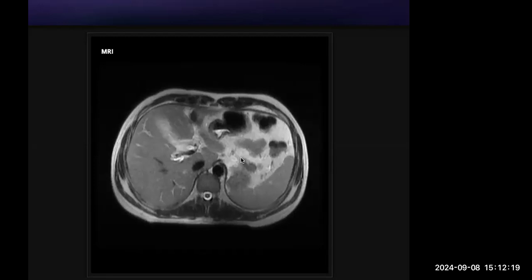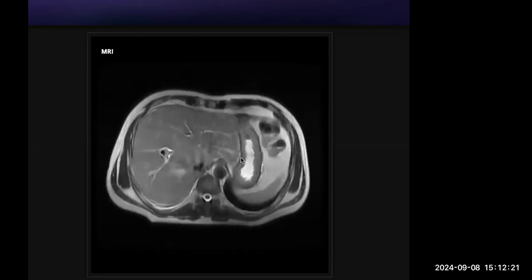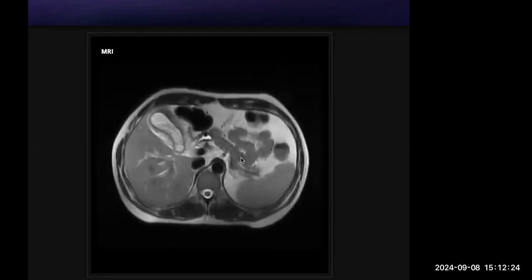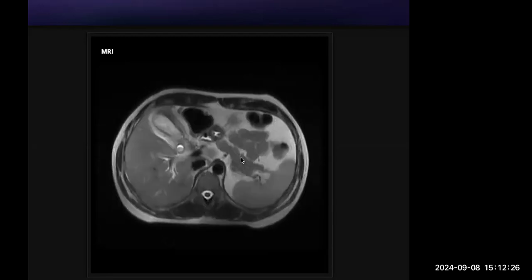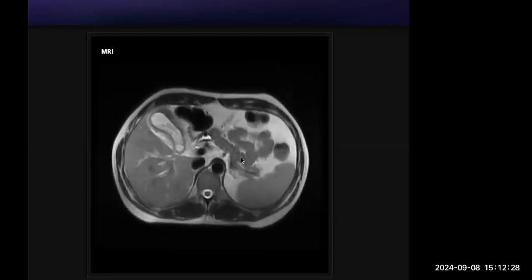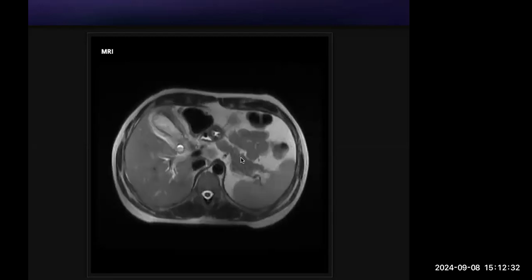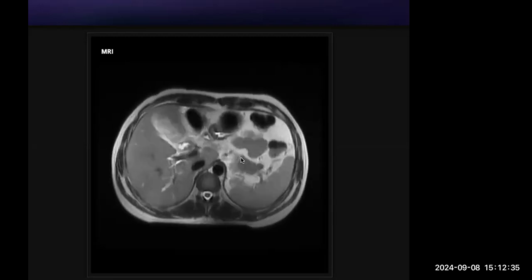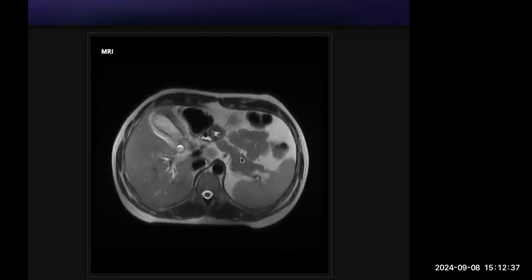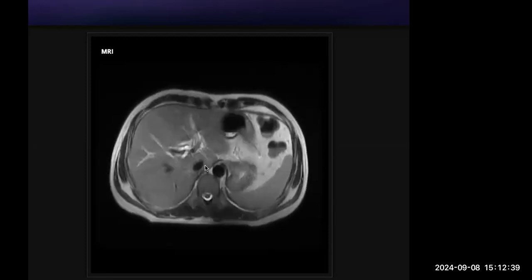In my first scroll, I could see that there is some hypointensity within the gallbladder with layering, which could represent gallbladder sludge. I'm not sure whether there are some edematous changes around the gallbladder.